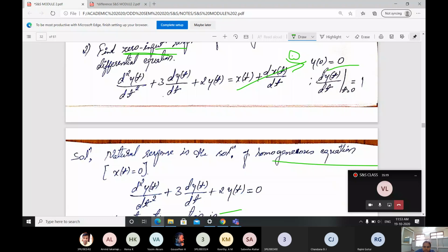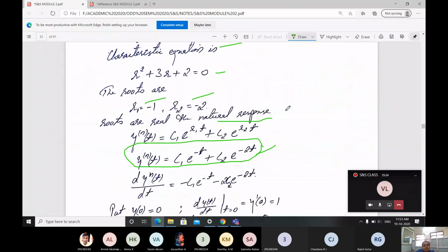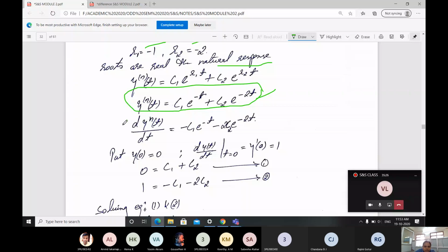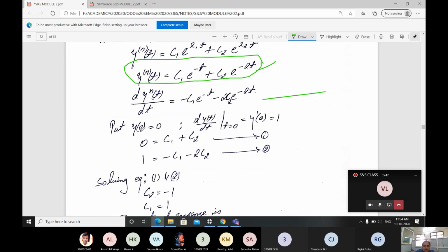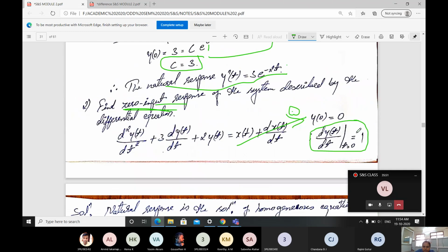Since it is given, for the differentiated terms you have to differentiate the natural function. d yn of t is, if I differentiate e power minus t, I get -1, so -1 c1 e power minus t. When I differentiate e power minus 2t, I get -2 c2 e raised to -2t. Then put y of 0 equal to 0, which is given.